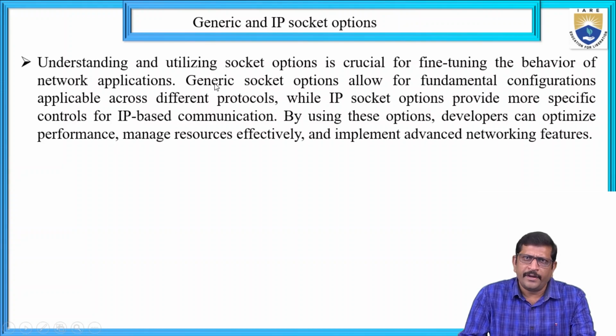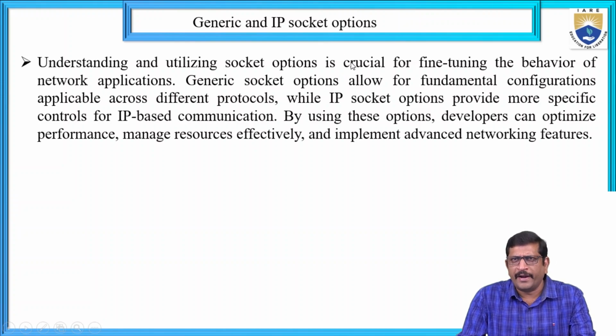Understanding and utilizing these socket options is crucial for fine-tuning the behavior of the network or the application. Generic socket options allow for fundamental configurations, applicable across different protocols and networks.